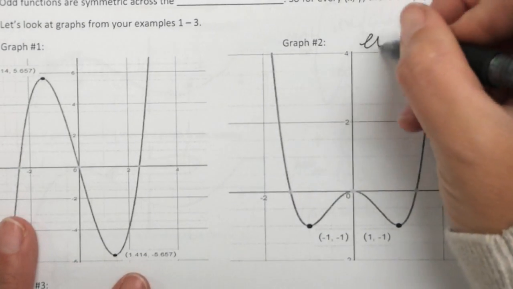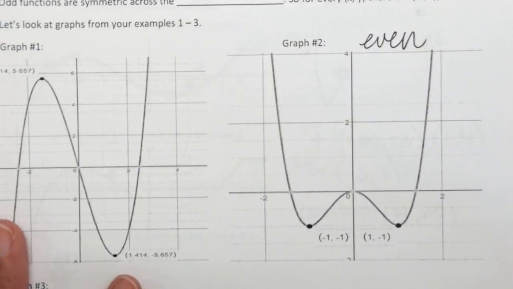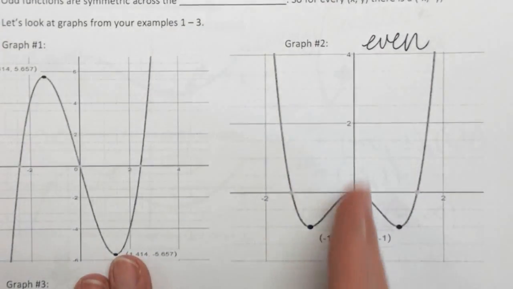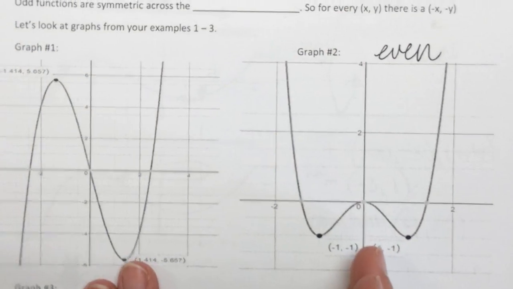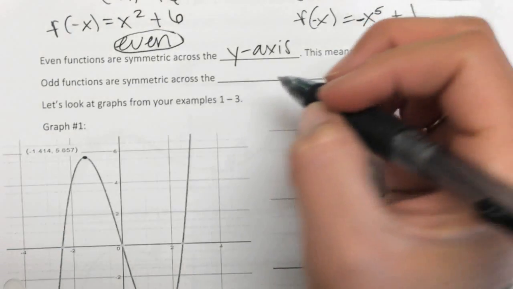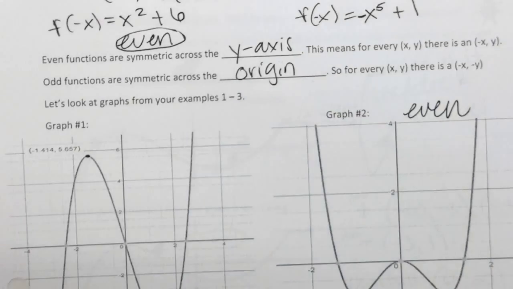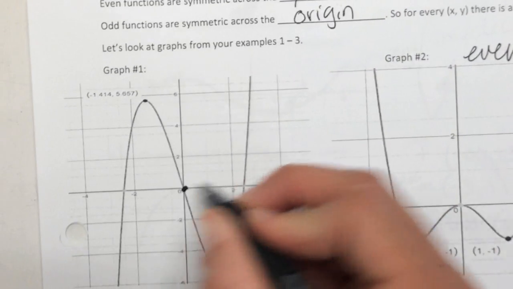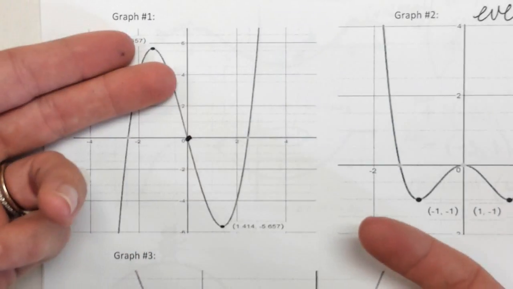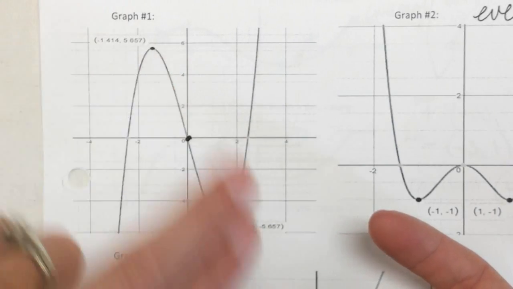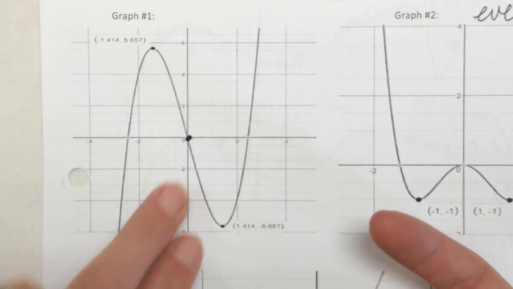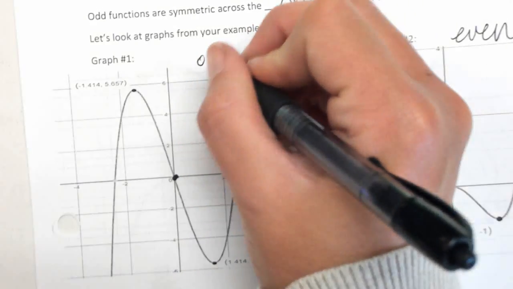That's how you can tell it's even, because it's symmetric across this line. Odd functions are symmetric across the origin. What is the origin? The middle, right? So if I flipped it across here, see how it'd be the same thing? If I flipped it across the origin? So this is odd.